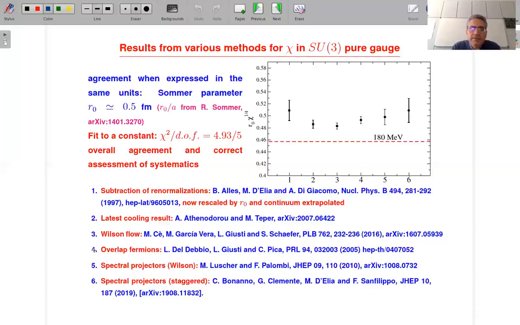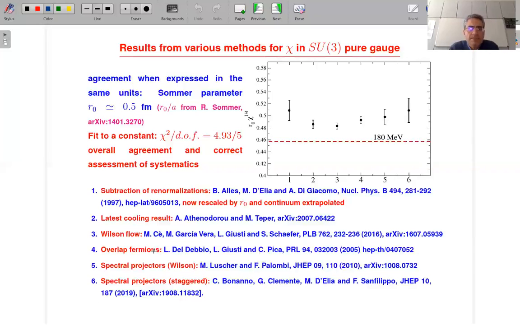Or you can use fermionic definitions. So if you use overlap fermions that have an exact chiral symmetry, you can just determine the zero modes of the operator and their chirality. Or even if you are using non-improved fermions like Wilson or staggered, you can adopt the method of spectral projectors. So take care of renormalization and obtain a well-defined topological susceptibility with a well-defined continuum limit.